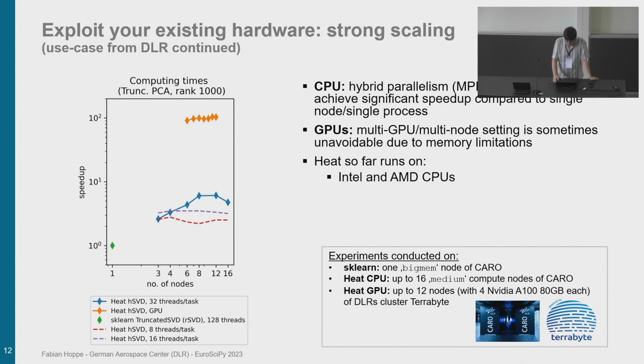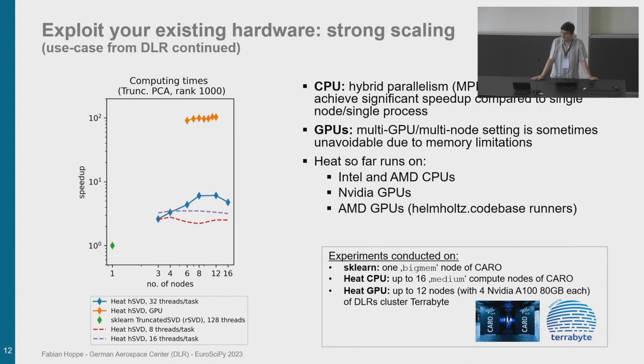Let me just mention that Heat has been used on Intel and AMD CPUs so far, and on NVIDIA GPUs. In our CI, we also have a runner with AMD GPUs. Unfortunately, we don't have an AMD GPU cluster to really test it.